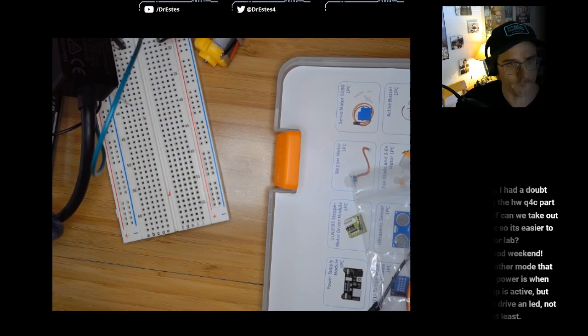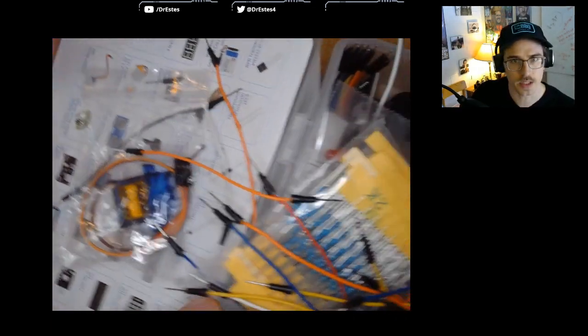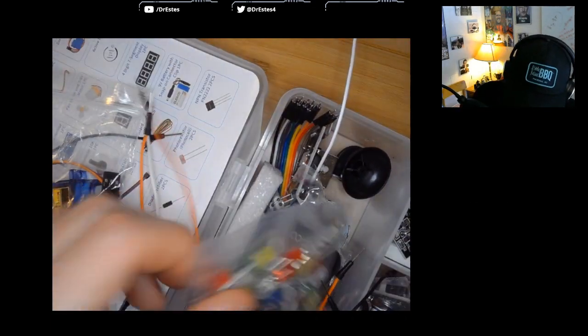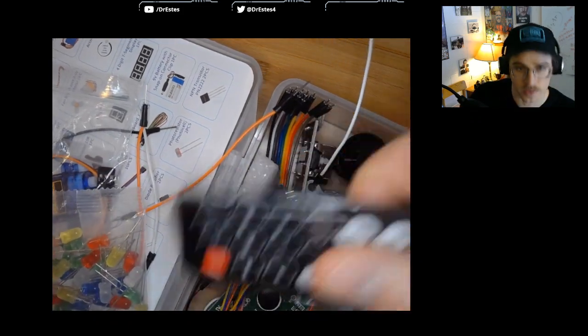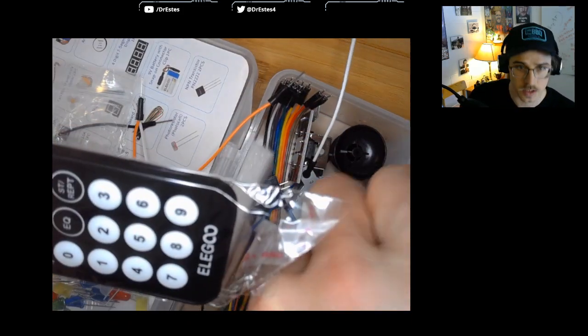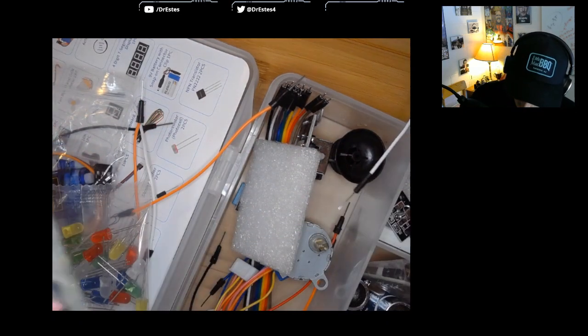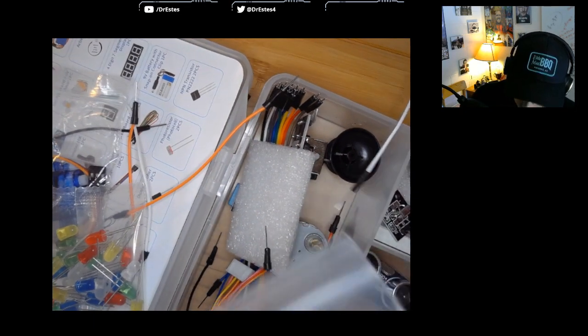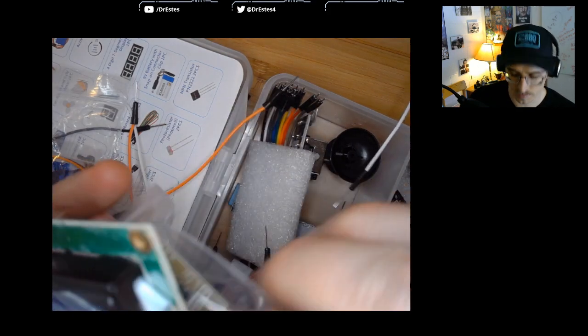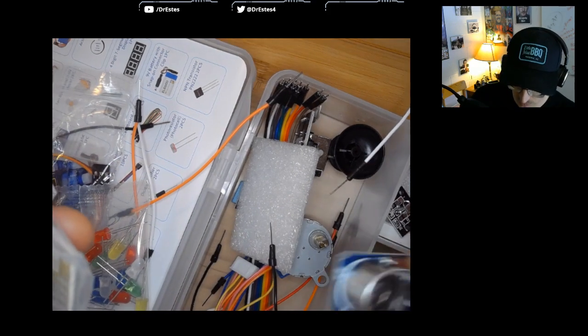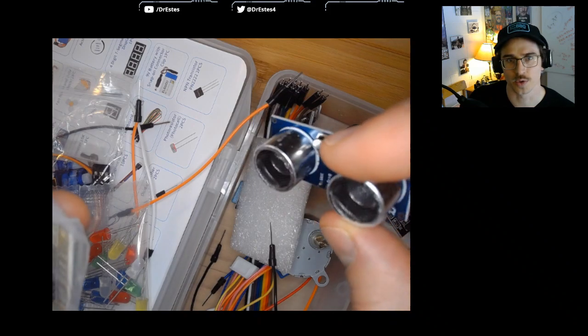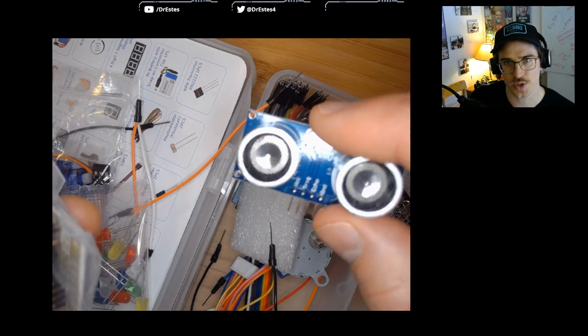Let's go over here. So you got your kit. Well, you're not going to need this LCD thing. You don't need this stepper driver right now. You don't need this ultrasonic range sensor.